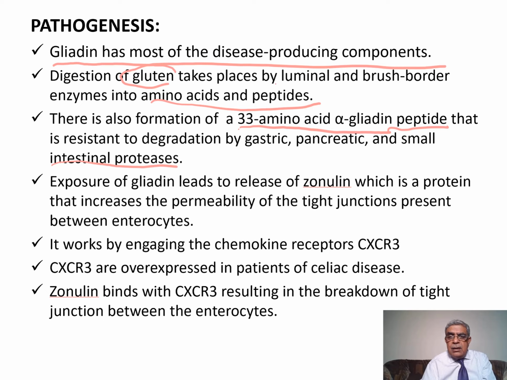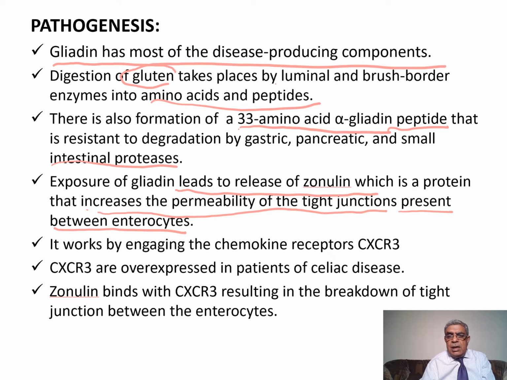Exposure to gliadin leads to release of zonulin, which is a protein that increases the permeability of the tight junctions present between the enterocytes. Okay, I think it must be clear to you that there is a protein known as zonulin which increases the permeability of the tight junctions present between the enterocytes.